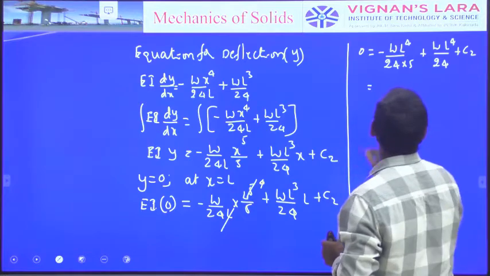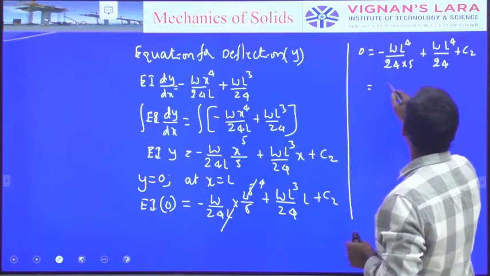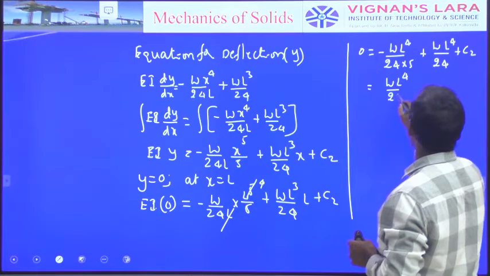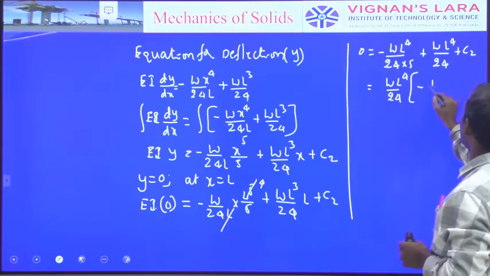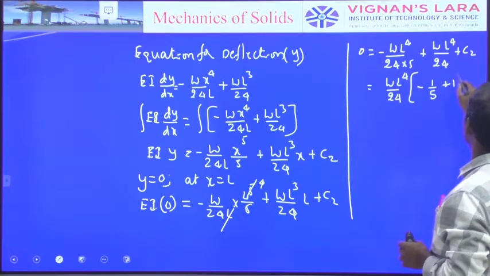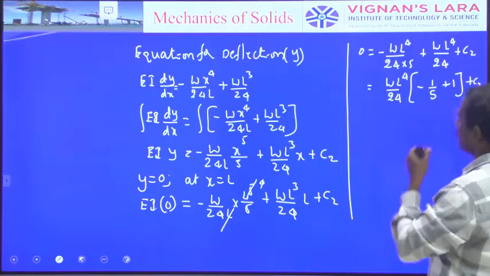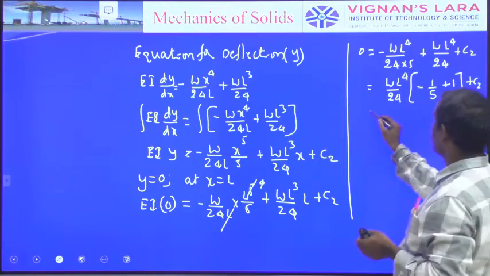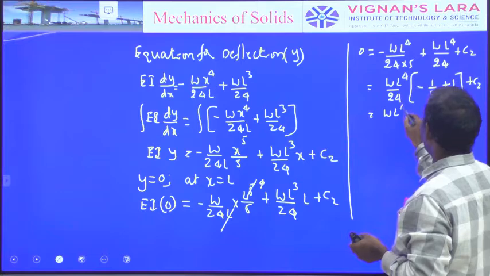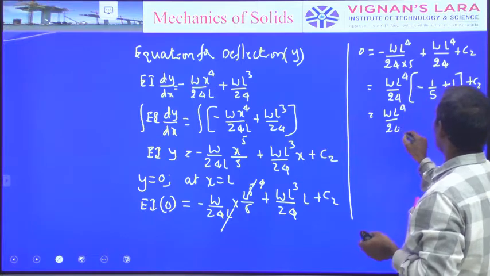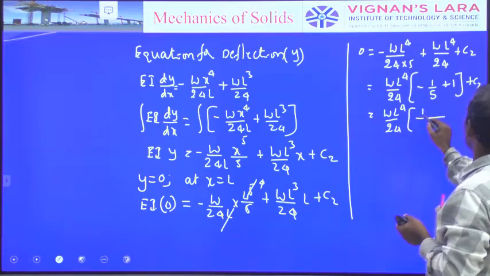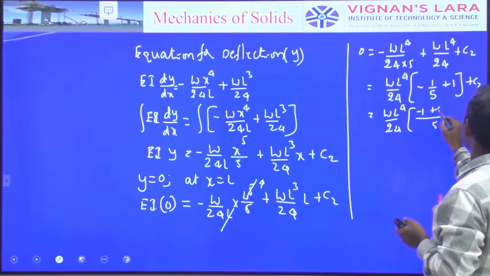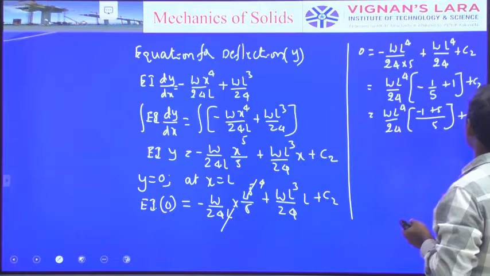This can be rewritten for our convenience, that is WL power 4 by 24 is taken as common, minus 1 by 5 plus 1, plus C2. So that is equal to WL power 4 by 24 into 5 minus 1 plus 5, plus C2.